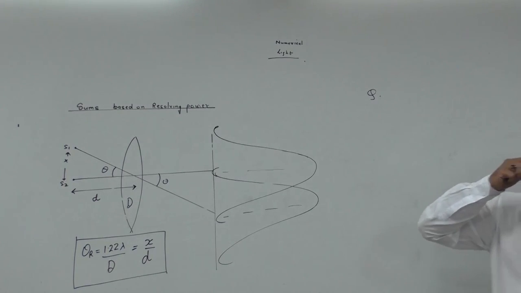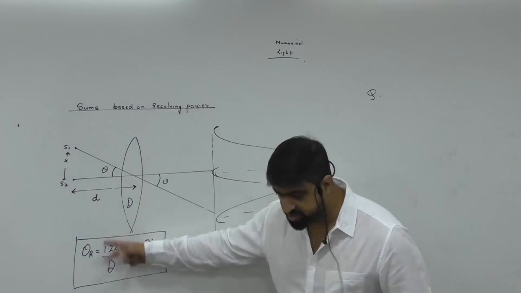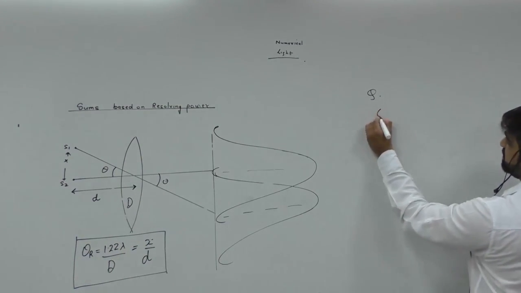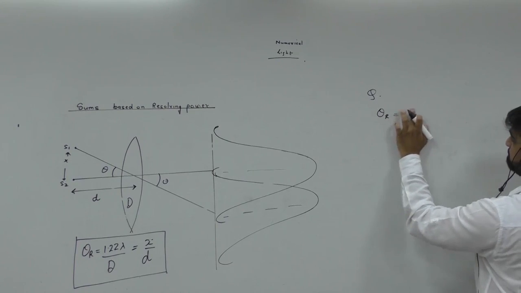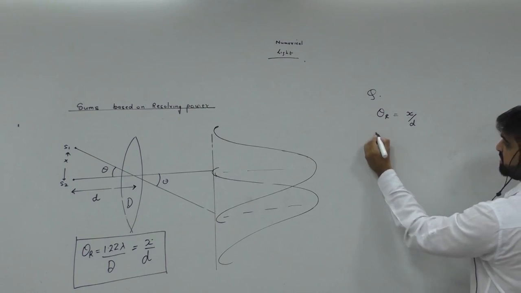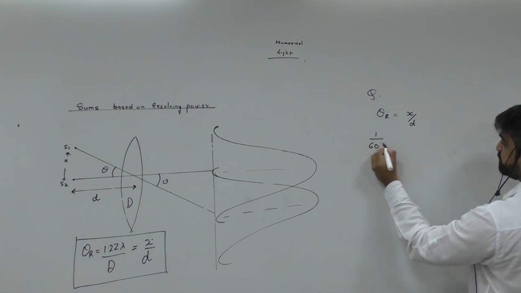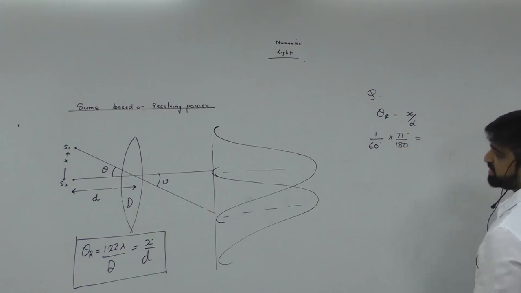Yes, can I write this as theta is x by d? ये तो नहीं चलेगा ना, lambda और D तो दिया नहीं है. Can I write theta resolution as x by d? X by d. Theta resolution कितना है? 1 minute. That is 1/60th of a degree into pi by 180. x पता नहीं है.